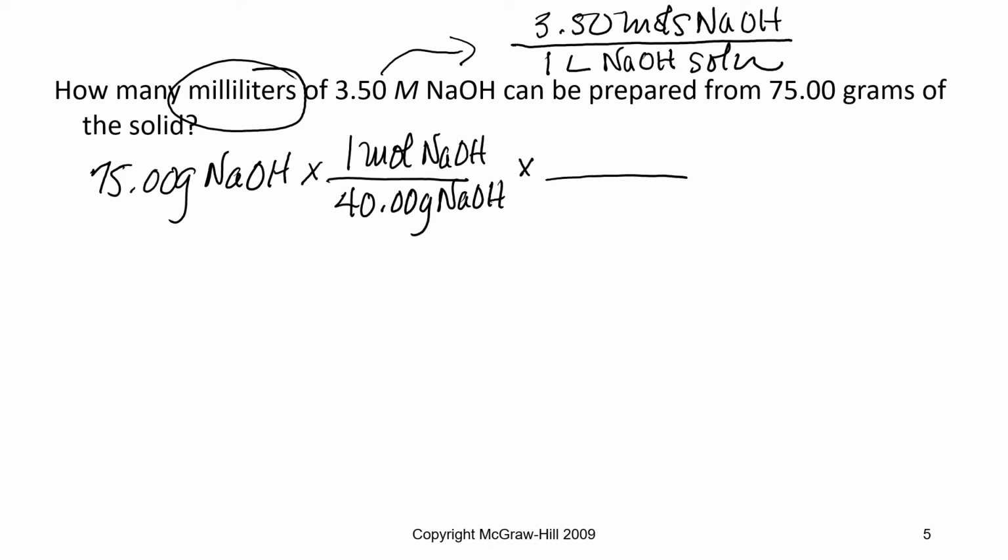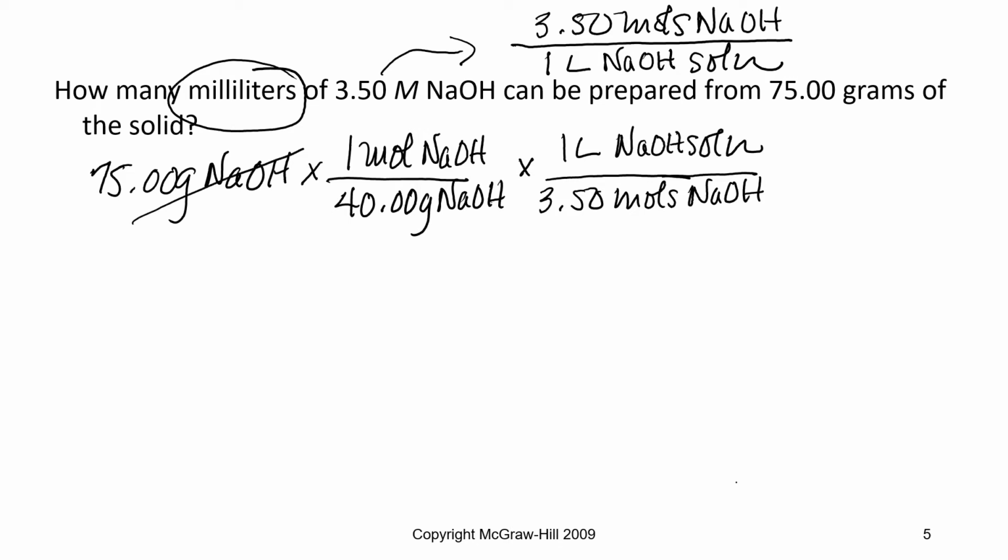And now I can use that molarity to convert to the volume in liters. So we have 3.50 moles NaOH in 1 liter of NaOH solution. Got rid of our grams, moles. Now we have liters of solution.